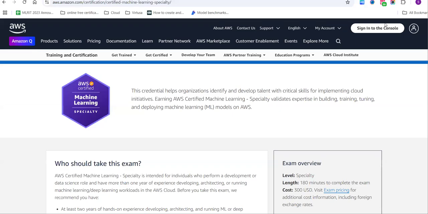This is helpful to understand how to implement ML models on AWS, nothing but cloud, AWS cloud, like how to choose a best model for your application and how to fine tune or train that model based on your requirement and how to implement that model in your application by using AWS services like building, training, deploying, as well as fine tuning of ML models on AWS.